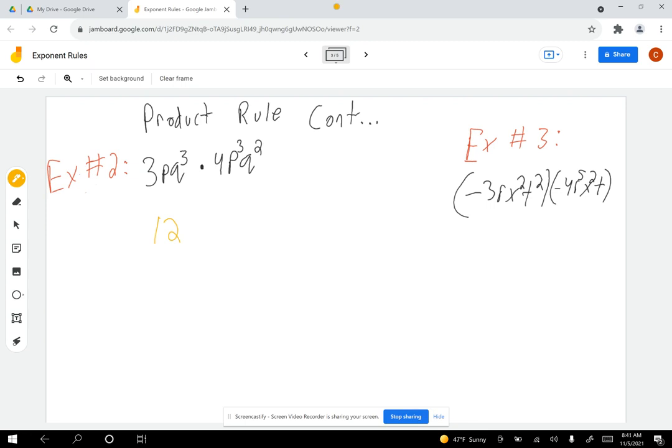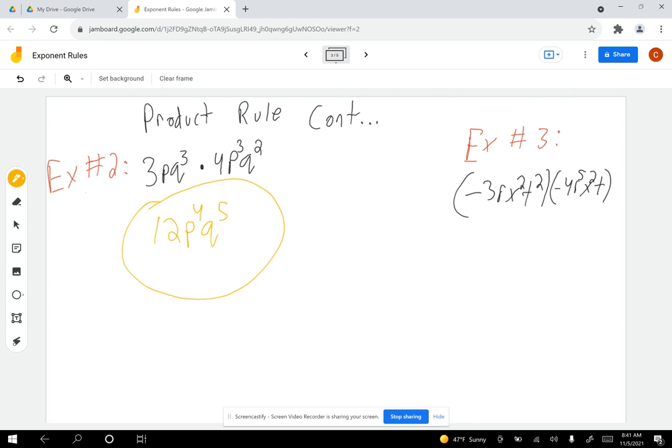So P to the first power times P to the third power. With exponents with the same bases, when I multiply, I add my exponents. So P to the 1 times P to the 3 should give me 1 plus 3, which would be P to the 4. Then I look at my second base, Q. I have Q to the third times Q to the second, which should give me Q to the fifth. So my answer is 12 P to the fourth, Q to the fifth.